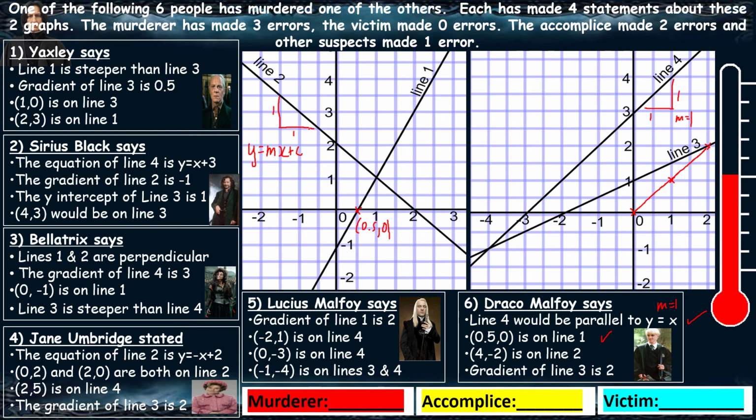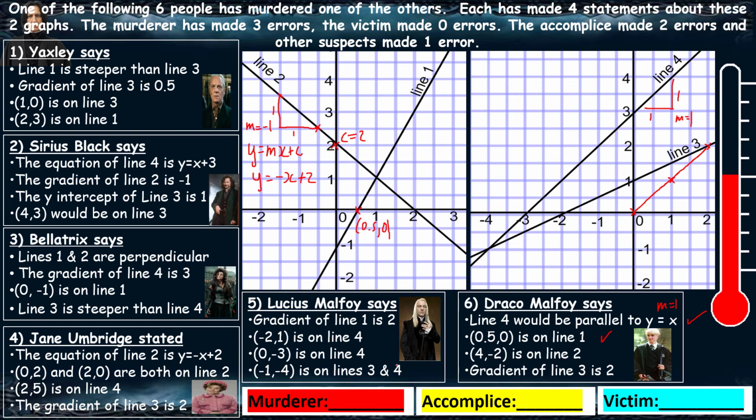So it's 1 high, 1 across when you make the triangle crossing these points perfectly. 1 divided by 1 is 1. You know it's going downhill, so that gradient is minus 1. The y-intercept is 2, it crosses the y-axis at 2, so c equals 2. So let's sub that in, so you get y equals minus x plus 2.